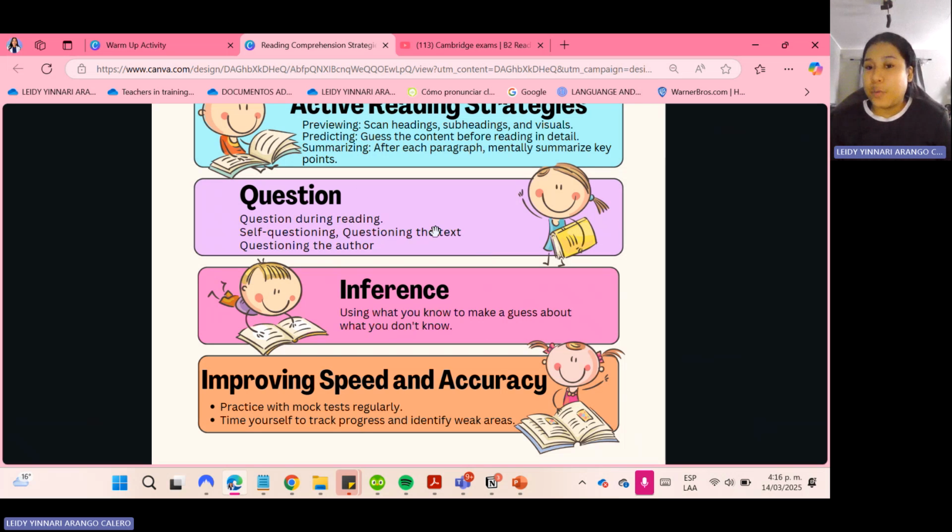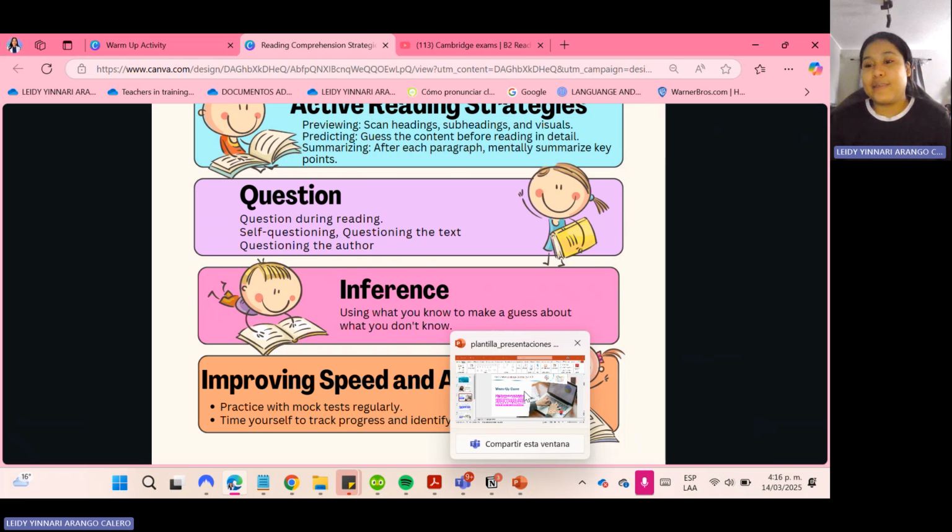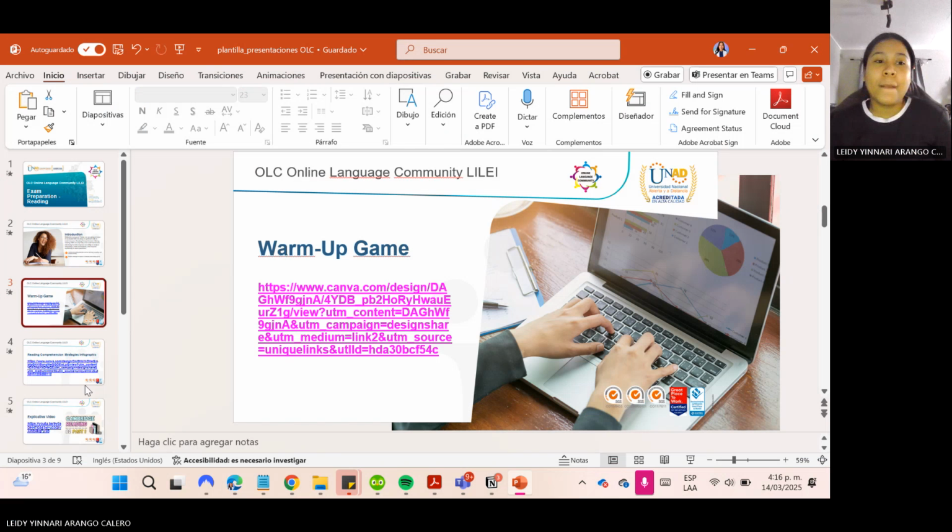Improving speed and accuracy: practicing with mock tests regularly will help us to time ourselves, track progress, and identify weak areas. Why? Because, like I mentioned before, sometimes we get stuck in the same paragraph more time than we're supposed to spend on it. So it will help us keep better accuracy in timed situations.